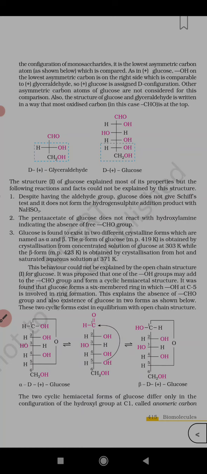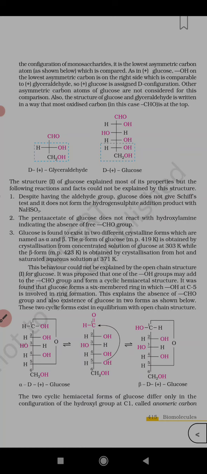So both are obtained from solutions of glucose.